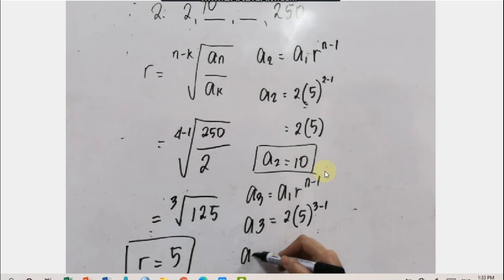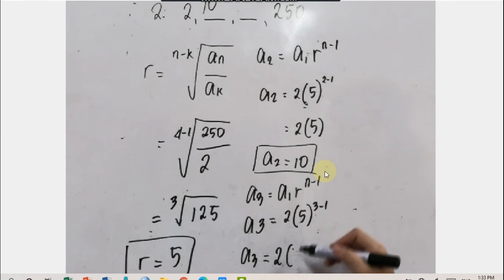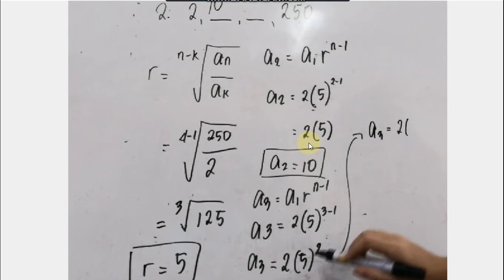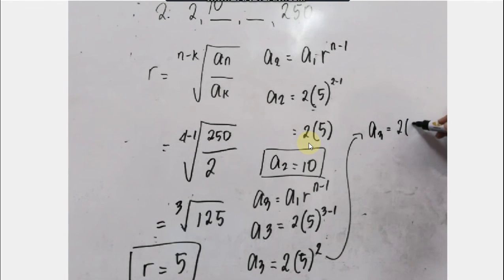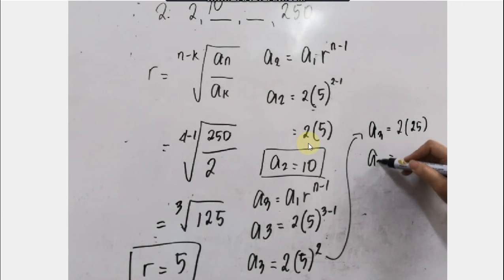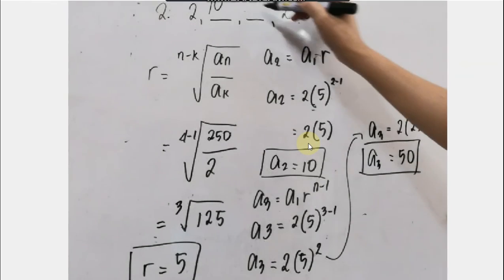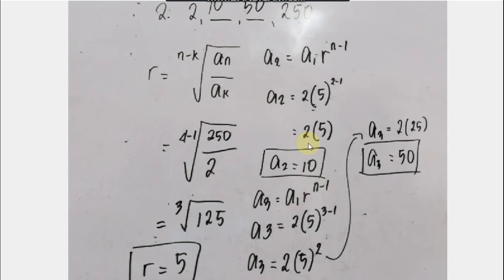So you got a sub 3 is equal to 2 times 5 raised to the power of 2. 5 squared is 25. Now we have a sub 3: 2 times 25, we have 50. So our a sub 3 now is 50. That is how we find the geometric means of the given sequence.